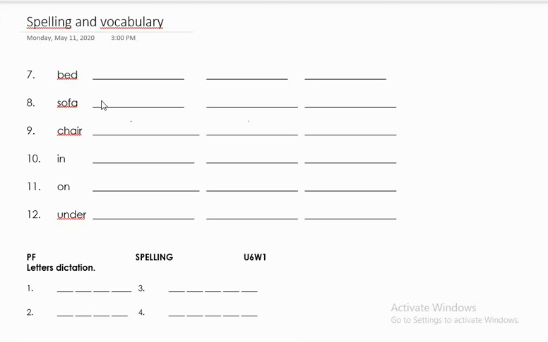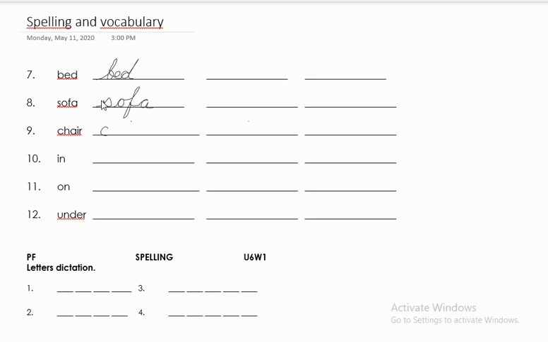Okay, now we are in the spelling and vocabulary section. What we have to do here is to write 3 times a word of the vocabulary that you can find on page number 2. And I'm going to start by writing the word bed, okay, bed. I'm going to write only 2 columns, okay. In the third column, well, you will have to do it by yourself at home, okay. The second word is sofa.